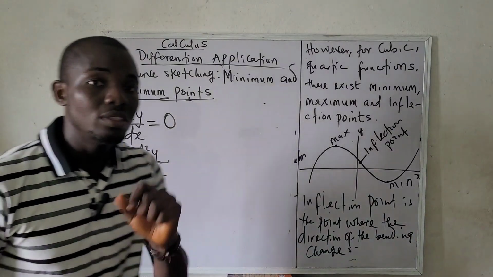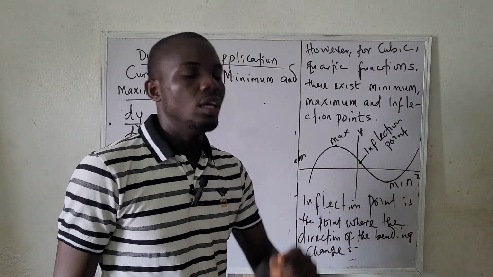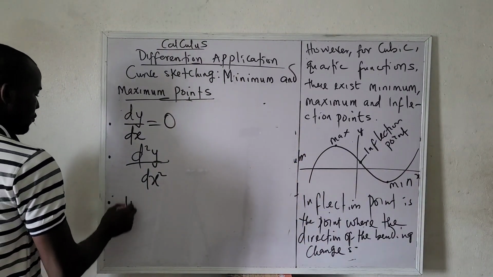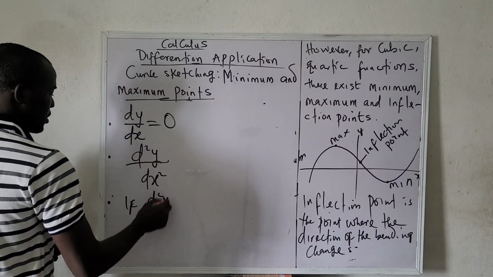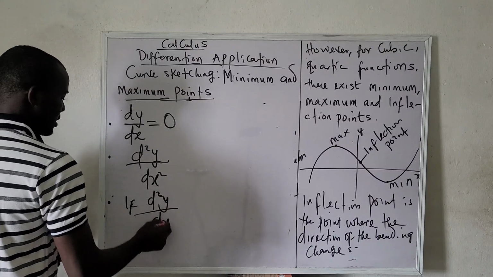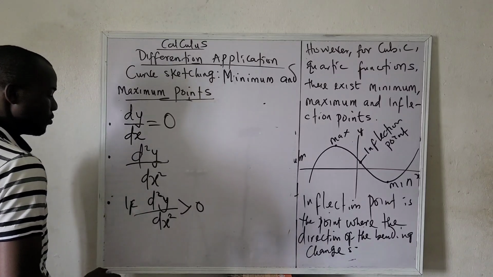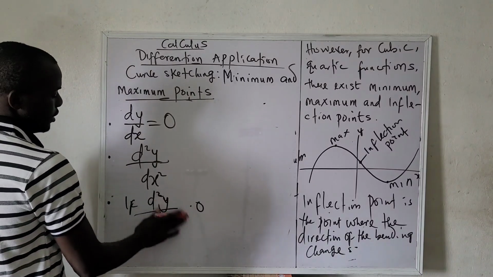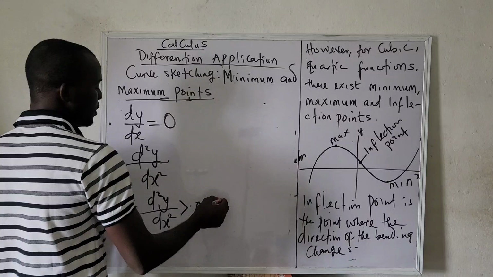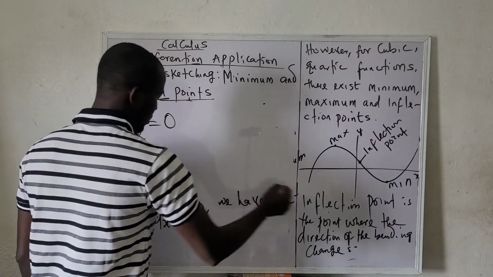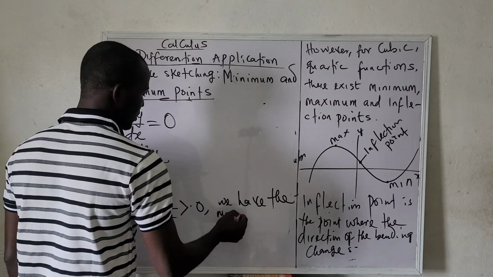When you take the second derivative of the function, the last thing is that you want to test: if this is greater than 0, we have the minimum point.